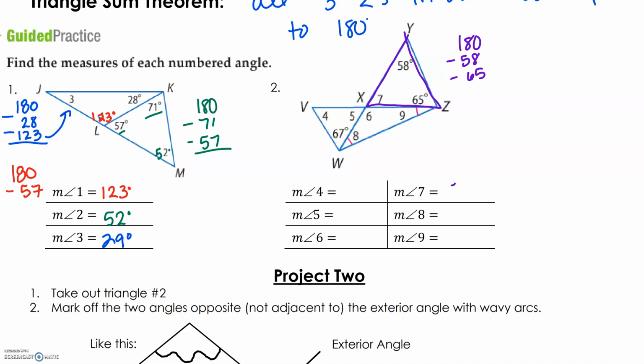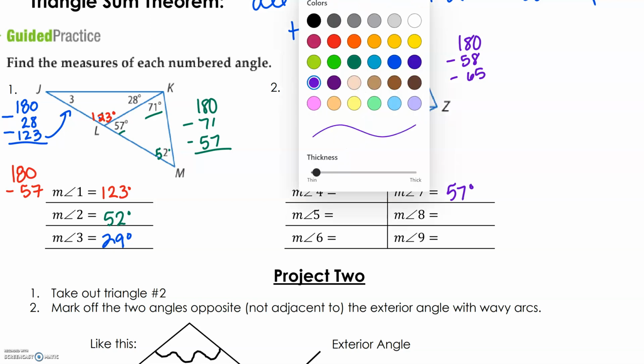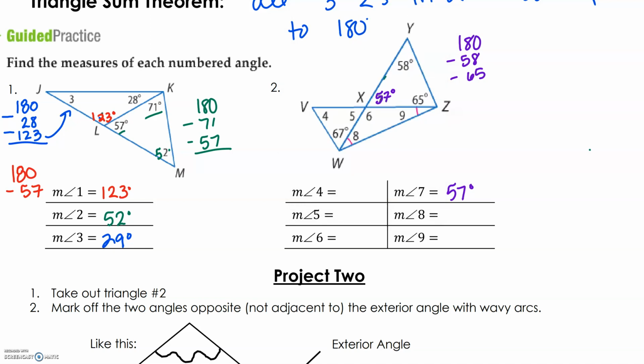So 7 would have to be 57 degrees, and I'm going to go ahead and put 57 in there. And then I'm going to look for my next relationship. Well, I have a linear pair here. 6 and that 57 form a line. So for the measure of angle 6, I'm going to take 180 minus 57.